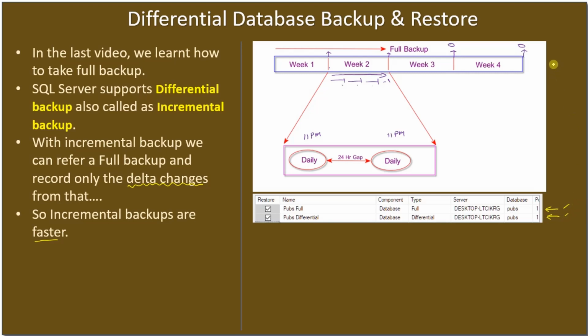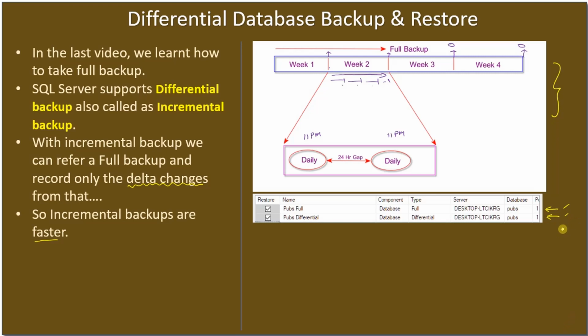But if it is through an automated script as shown in this picture, let's assume that we want to restore towards the end of week 2, so it will show the full backup period as well as the incremental backup. So you can decide how you want to restore the database.